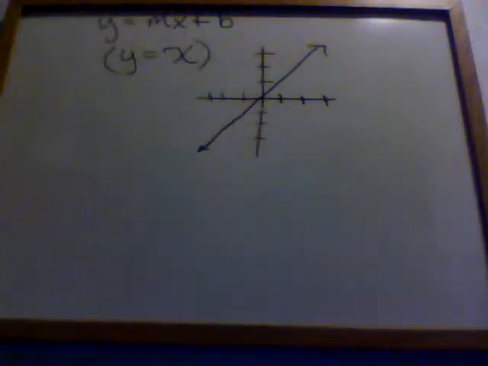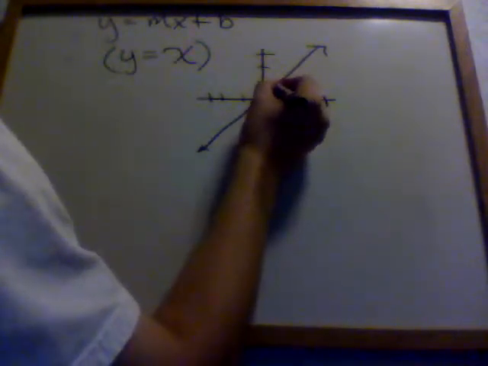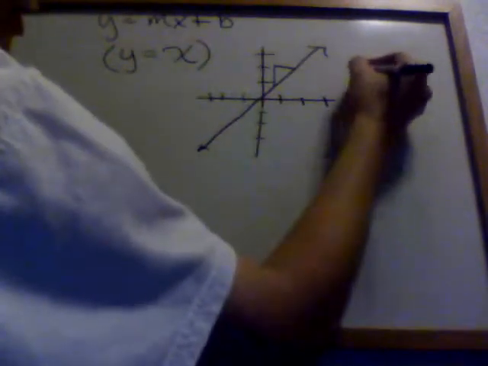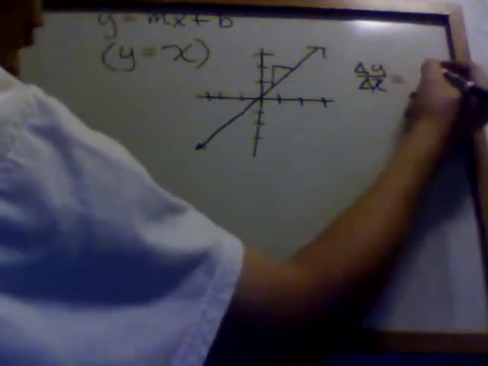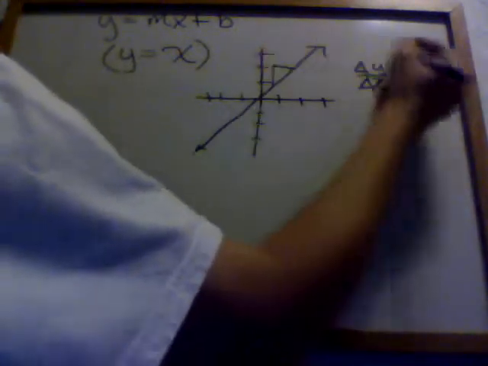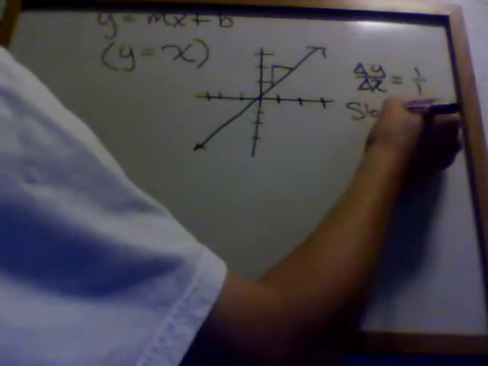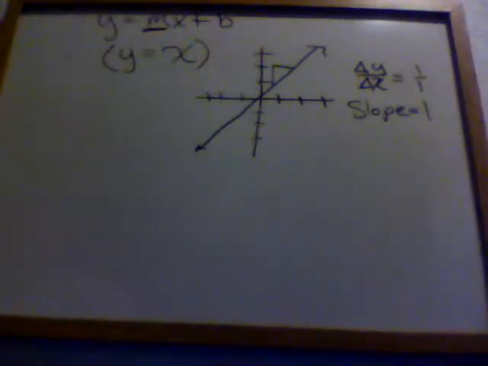Negative, same thing. So this is our line, and our slope obviously is rise 1, run 1. Rise over run, or delta y over delta x equal to, we change 1 unit, 1 over 1. The slope equals 1. Remember, slope is m in that formula.